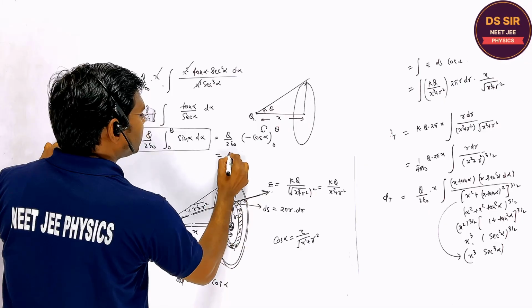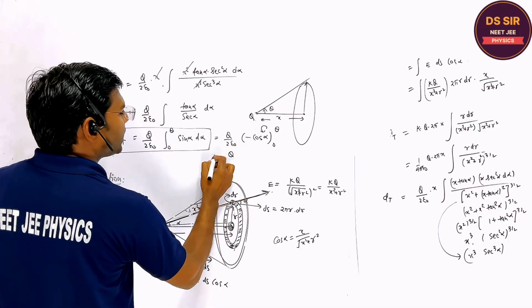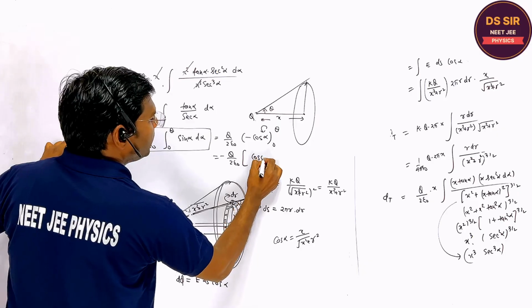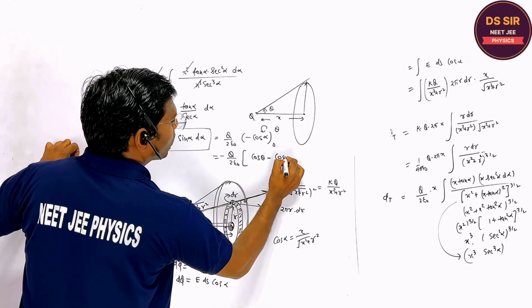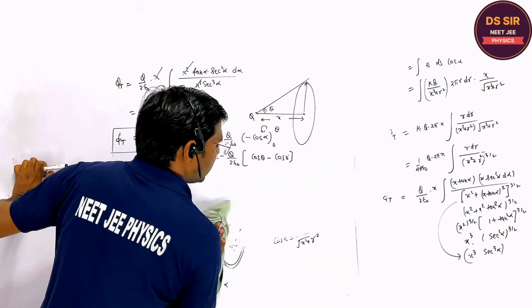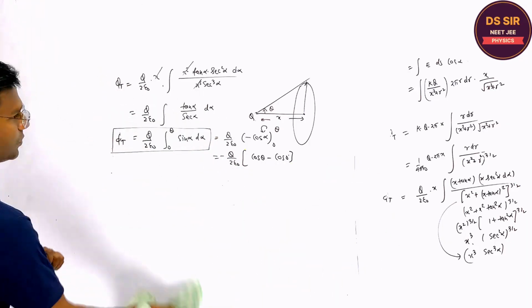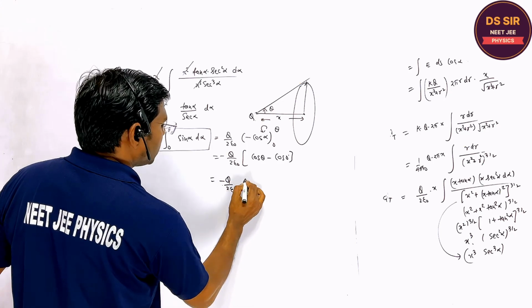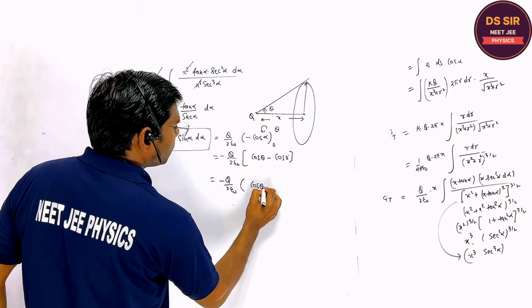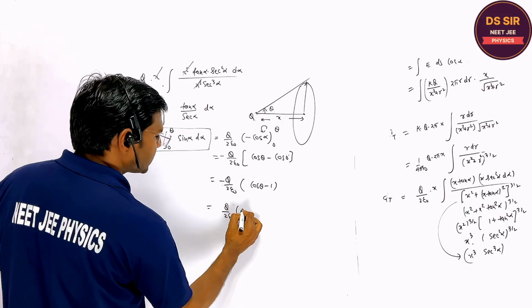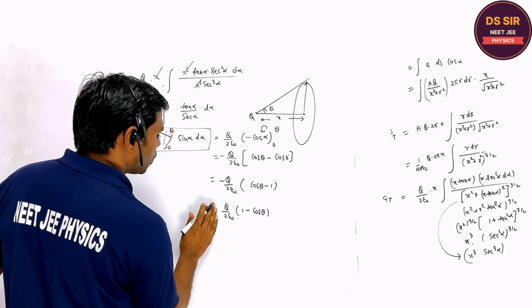First put the upper limit, the minus sign I am taking outside, right? So first put the upper limit minus the lower limit, cos 0. You can simplify this further. So this is equal to minus q upon 2 epsilon naught, cos theta minus 1, or q upon 2 epsilon naught, adjusting this minus sign, 1 minus cos theta.